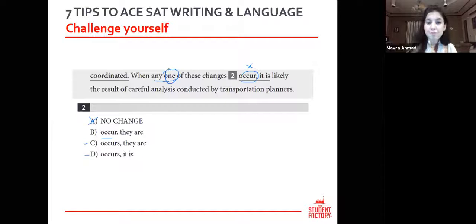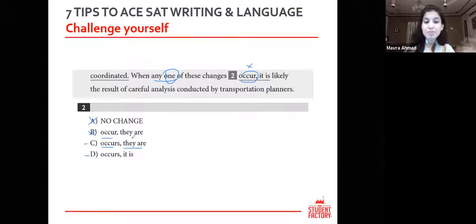This number of subject is not agreeing with the number of verbs, so this is not going to be the right choice. अब C जो है, why it's not the right answer? Because right after C we can see occurs, we can see they are. When any one of these changes occurs, they are the result of careful analysis. Once again, हम लोग फिर से consistency नहीं maintain करें.